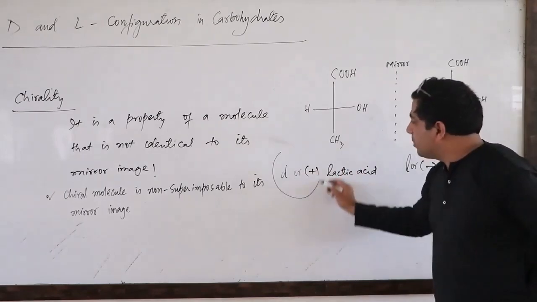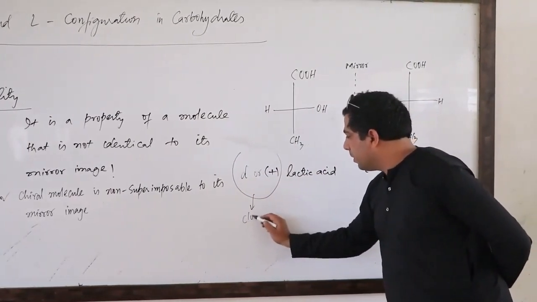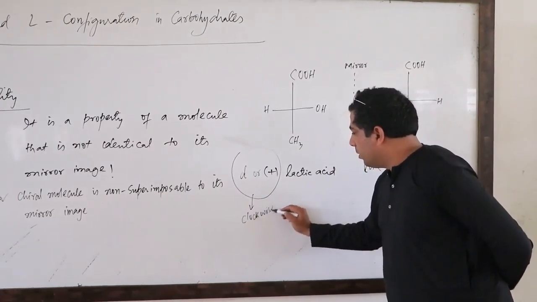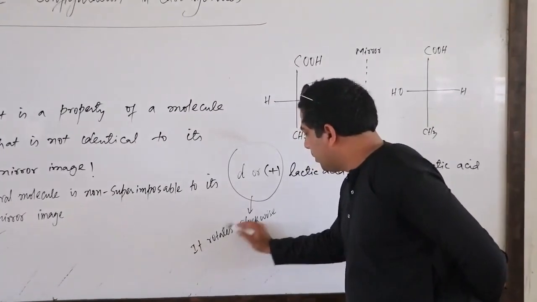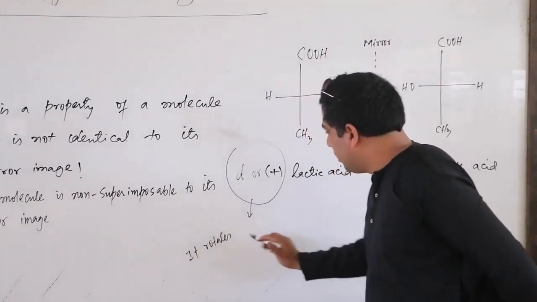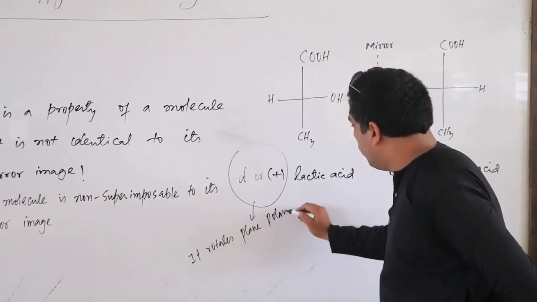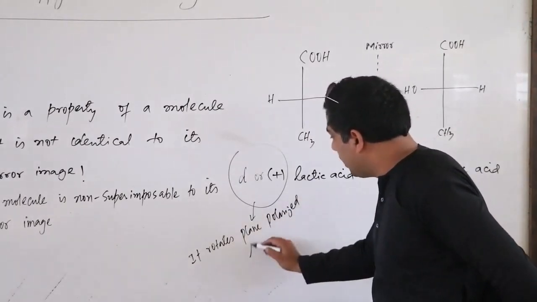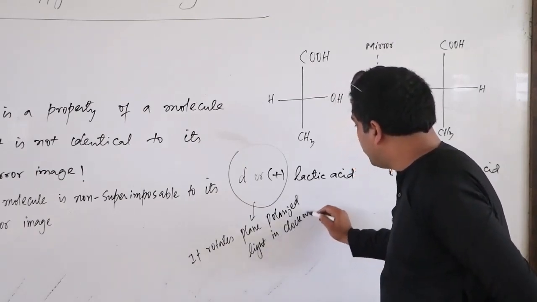This plus, this d, it means it rotates plane polarized light in clockwise direction.